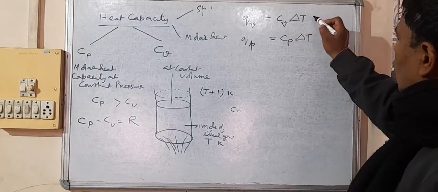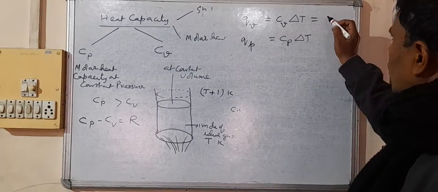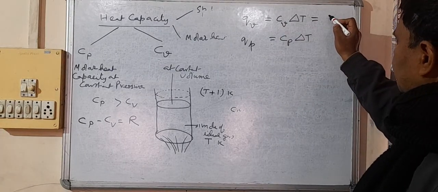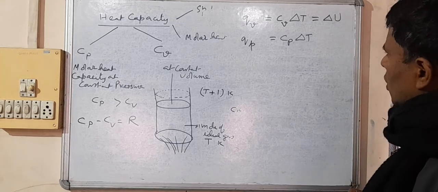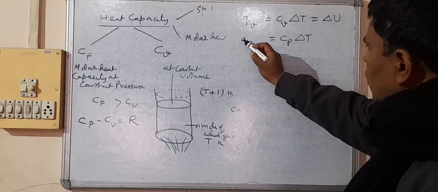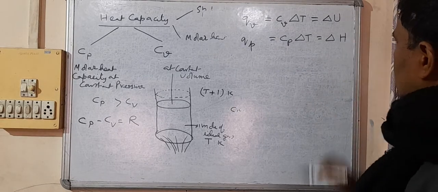Okay, now we have already derived this relation. Qv is equal to your internal energy change. And similarly Qp we also have derived is equal to enthalpy change.